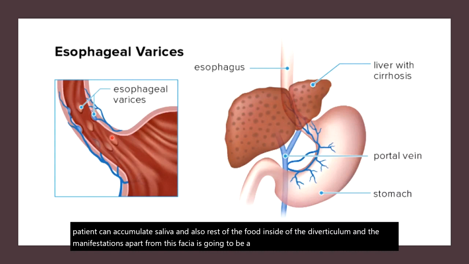It could be fibrosis or cirrhosis in the liver. Also, hepatocarcinoma or any other disorder that can obstruct the circulation of the portal vein system.